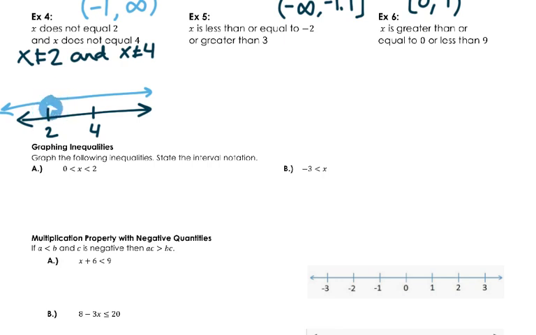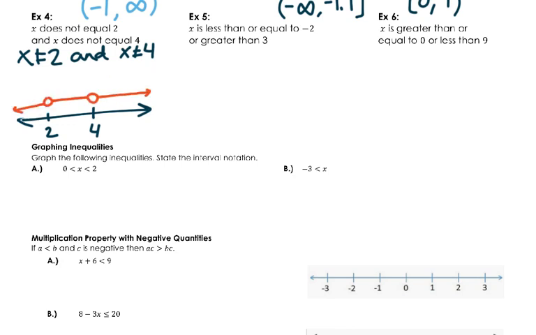Infinitely close, just not exactly 2. Same with 4. You could be bigger or smaller. And implies where are they both true? So they're both true over here, but not on 2. They're both true in the middle, but not on 4. And they're both true on the right-hand side. This would be your final graph.